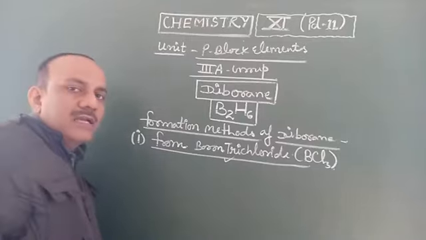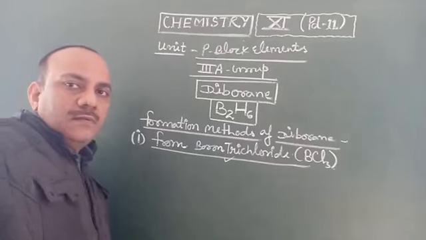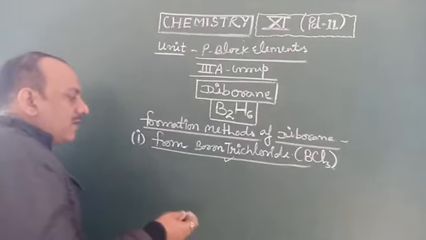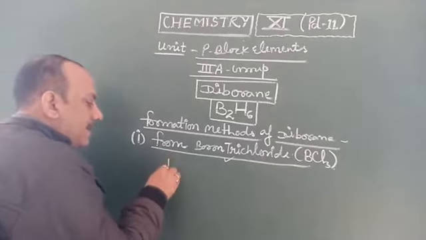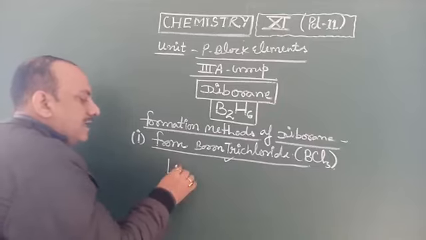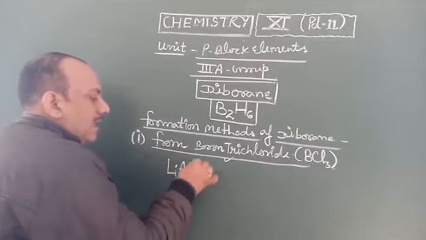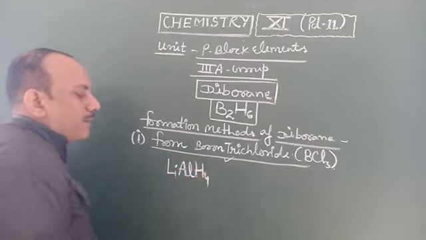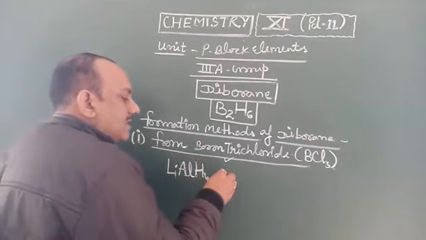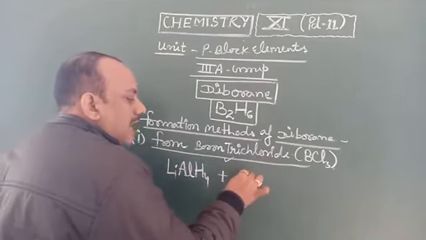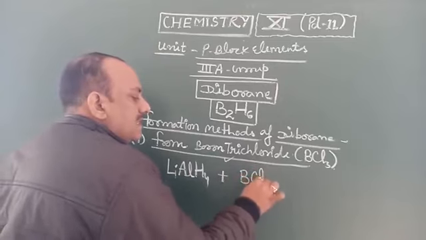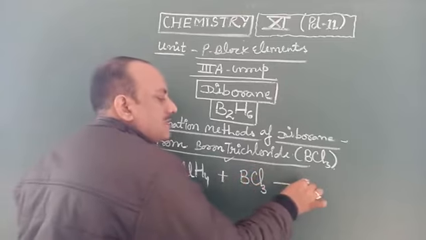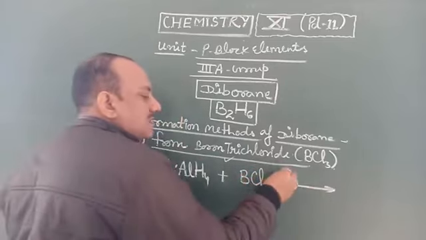So its chemical reaction is given as: the formula of lithium aluminium hydride is LiAlH4. It reacts with boron trichloride, BCl3, in the presence of ether.